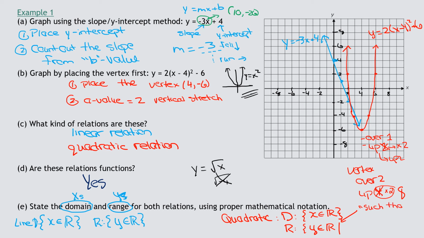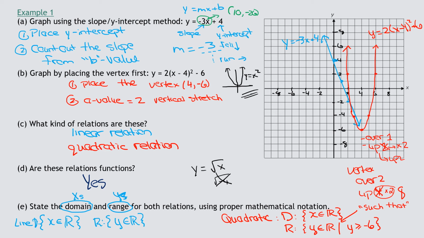So y is all real numbers, and you can think of that as but. All of the y's we're using are going to be from -6 and above, so I write all of the y values are greater than or equal to -6. That's the range.